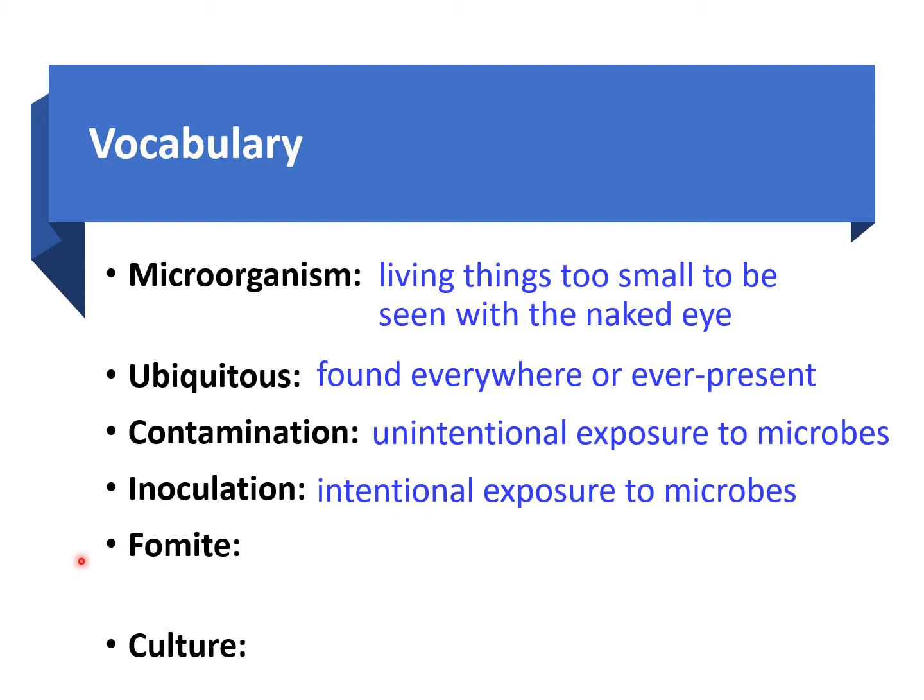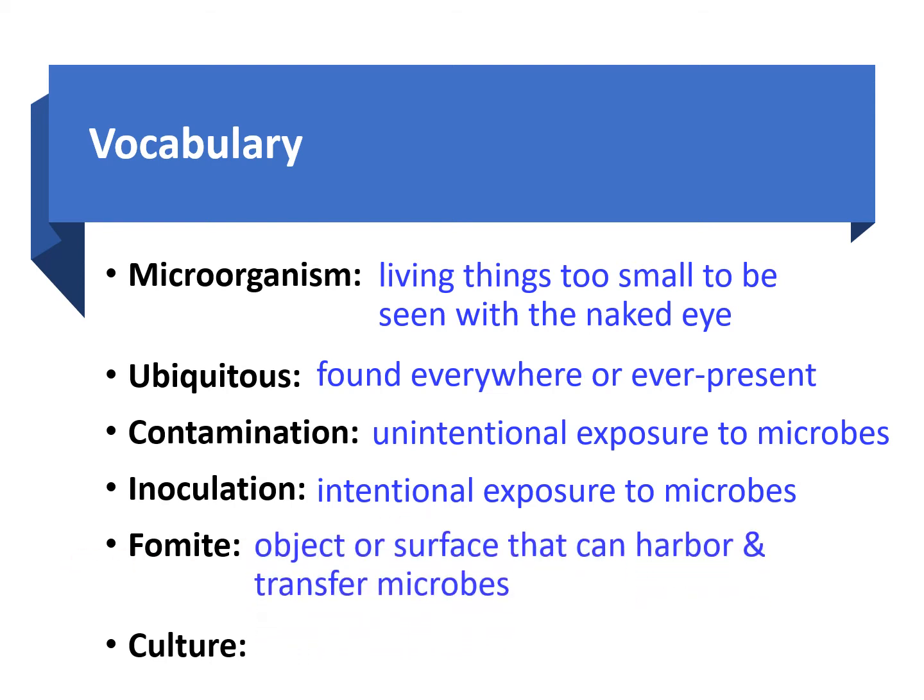Now, what's another term that I want you to know? Fomite. So fomite is an object or a surface that can harbor and transfer microbes, such as your computer screen. Right now, on your computer screen or on your computer keyboard, there are bacteria right there.